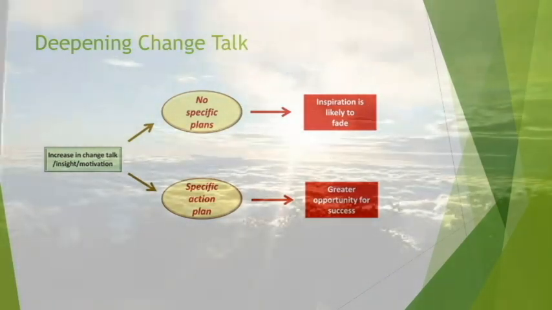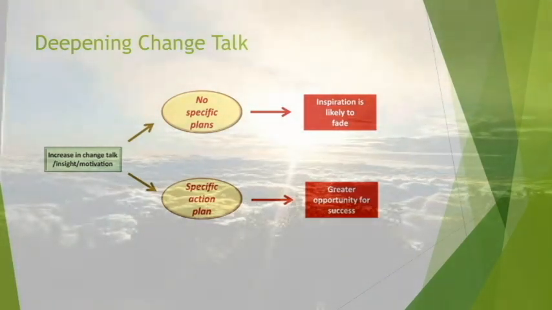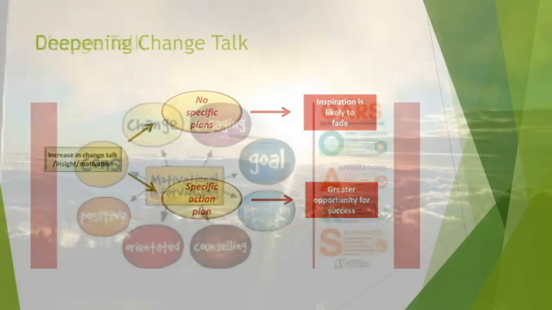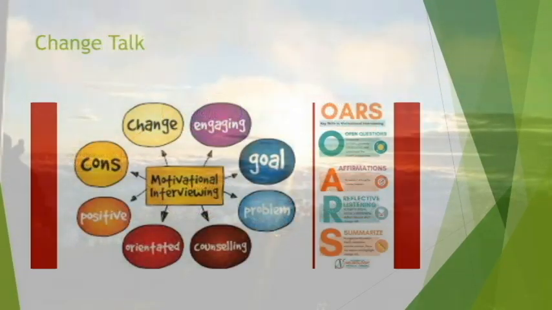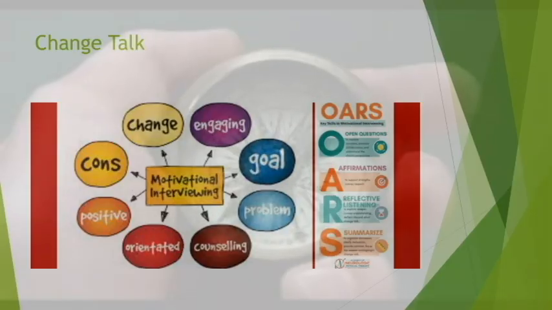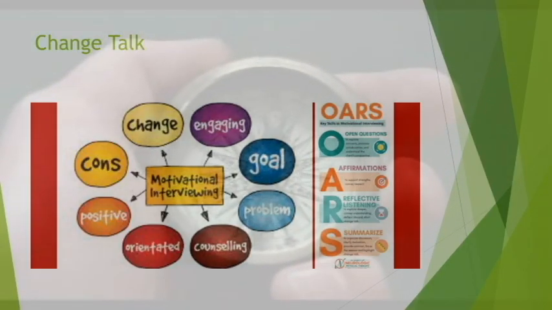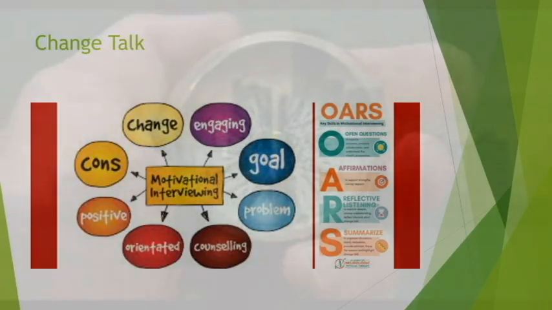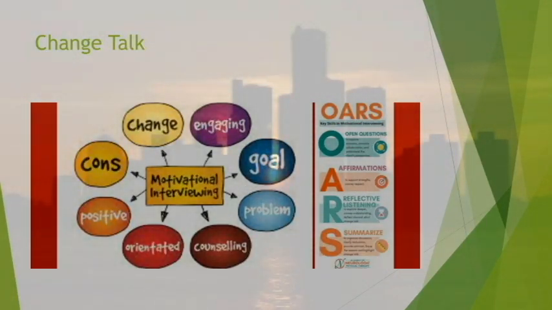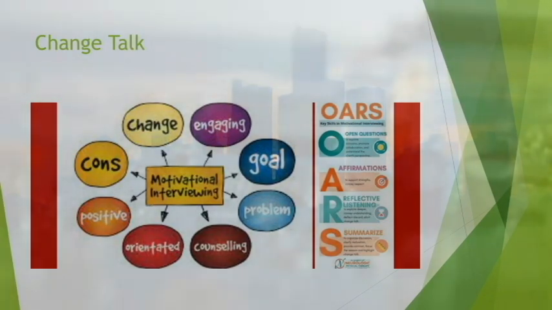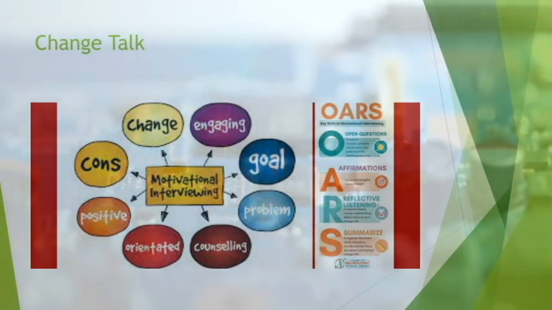You're not directing. The client might say, I made it 2 days without using. And you as the counselor might say, that's a big step. You're already taking some action. In that, you're echoing their commitment and their successes. You're helping to anchor the client's motivation in that moment.